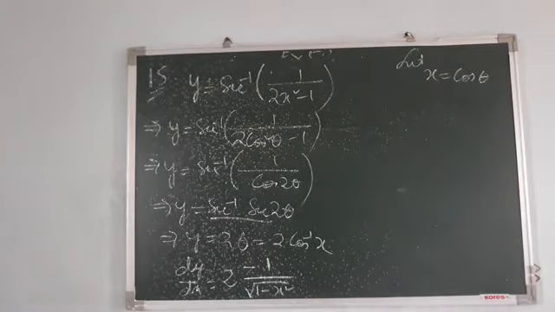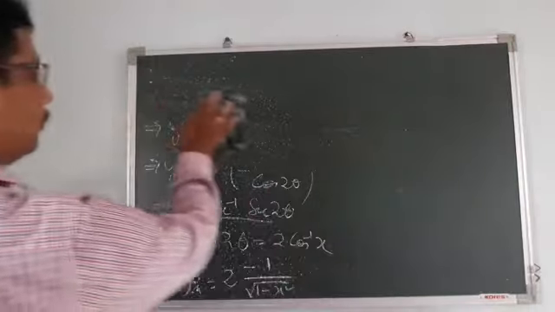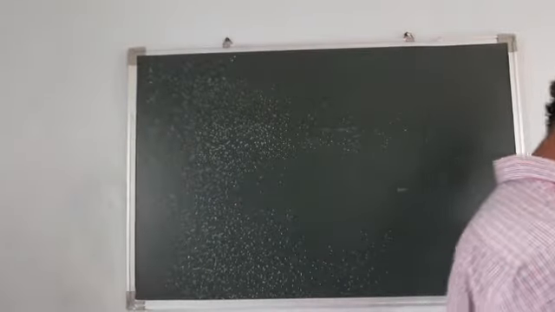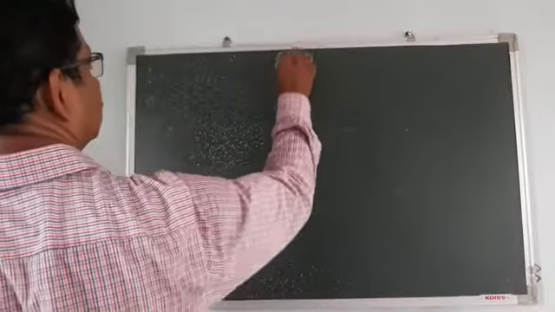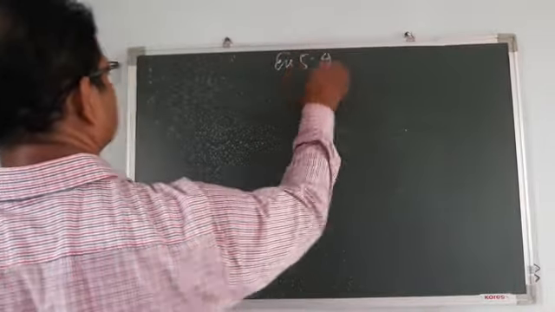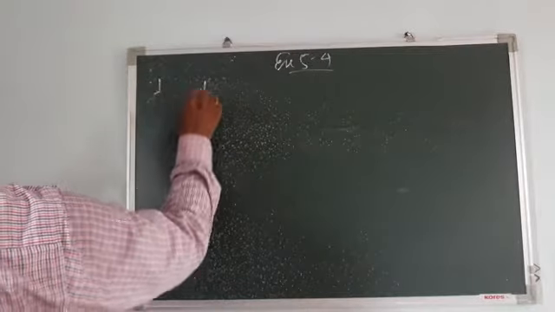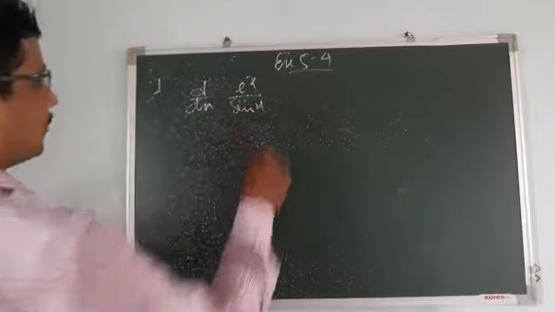Students, we have completed exercise 5.3. Now we will proceed to exercise 5.4. In 5.4, the first question is given: e to the power x by sin x. Here we have to differentiate e to the power x by sin x.